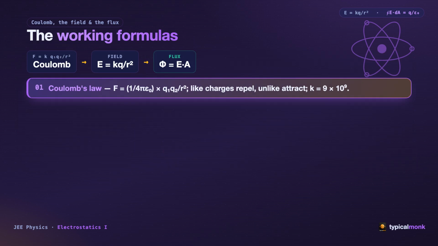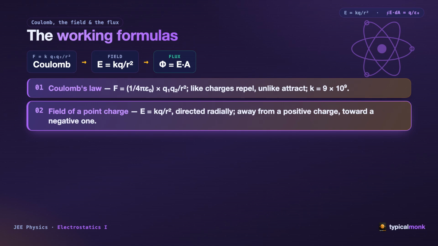Now, the working formulas, the ones the exam turns into marks. The ribbon holds the anchors: Coulomb's law, the field and the flux. Coulomb's law, F equals 1 over 4 pi epsilon naught times q1 q2 over r squared. Like charges repel, unlike charges attract, and k equals 9 times 10 to the 9.